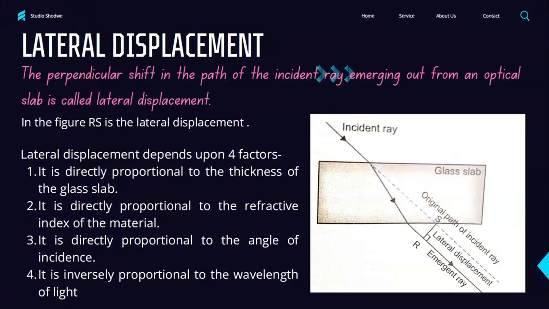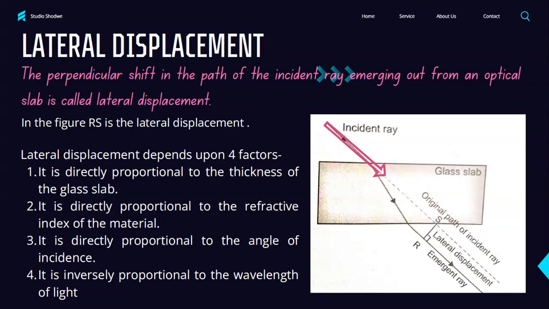Lateral displacement. If you look into the diagram given here, we are still talking about refraction of light through a glass slab. If there was no glass slab placed, the ray of light would have gone straight along this path. In the absence of glass slab, this was the original path of the incident ray.